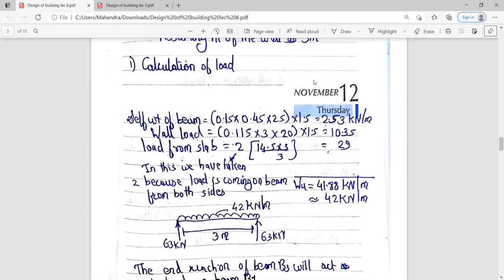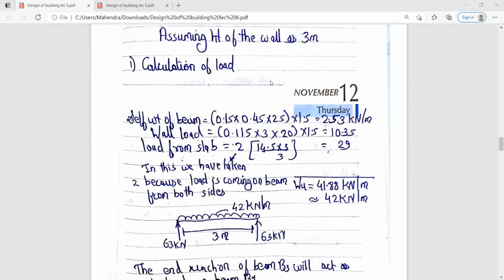Then the wall load. You need to calculate the wall load, as it is mentioned in the question. In the question only they have mentioned the wall load, so you have to consider those values only. So 0.115 into 3 into 20 into again 1.5.